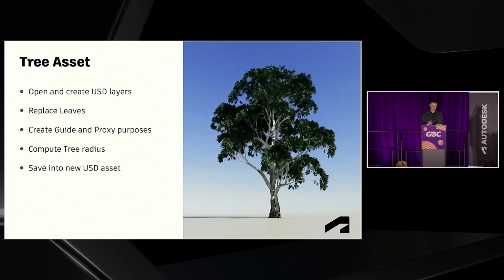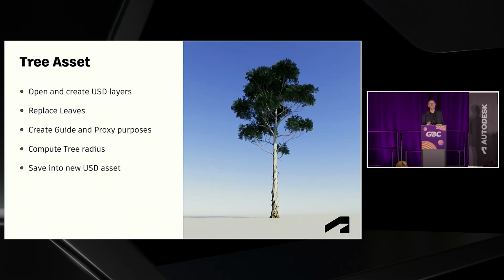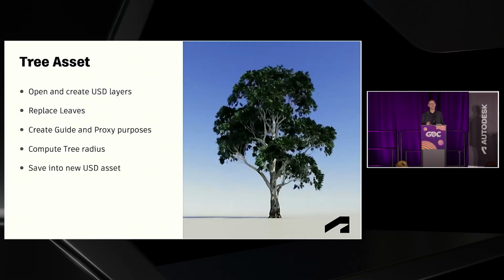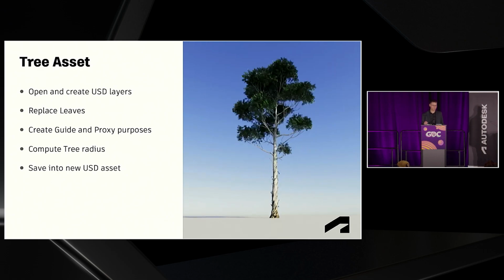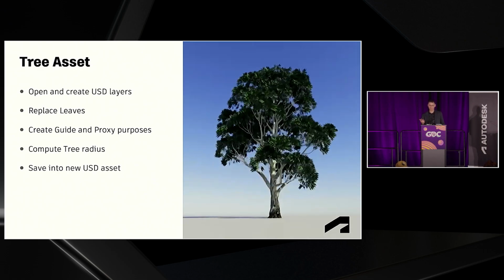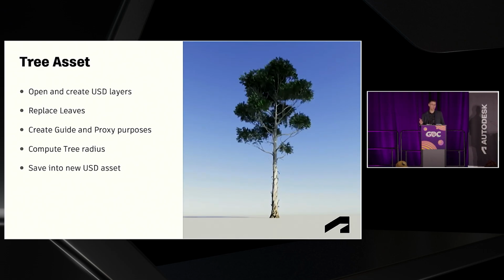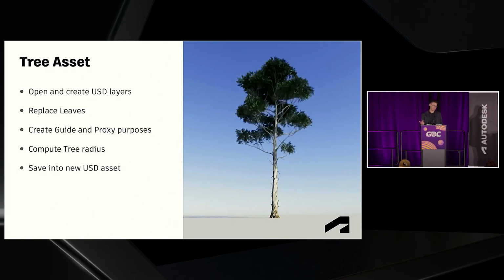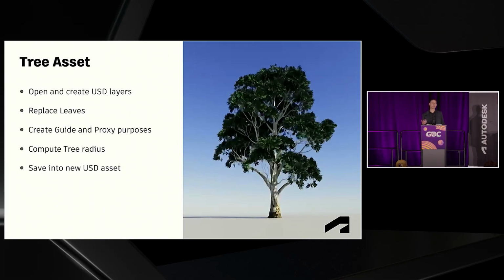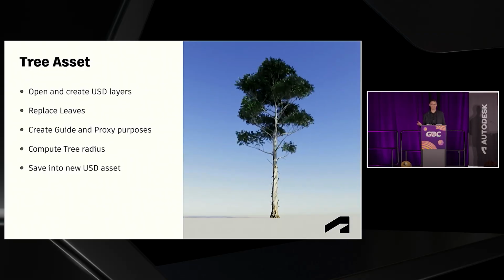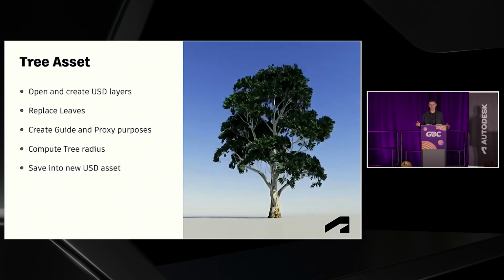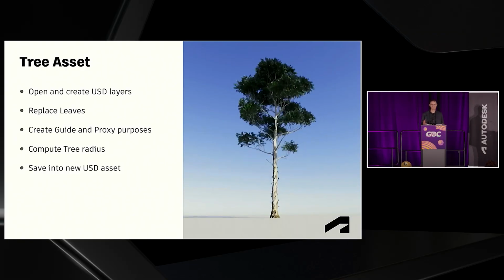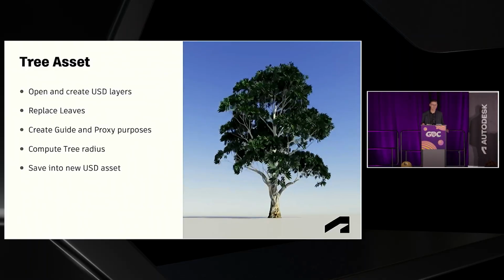Then we'll also replace the leaves of the tree because the tree is using cards, and we want to render the real leaves. So in Maya, we will model some leaves and replace them in the USD stage, in memory. Finally, we will also add extra information. We want to scatter our trees, and we want to have a sense of the size of a tree to avoid interpenetration between trees and rocks and grass.